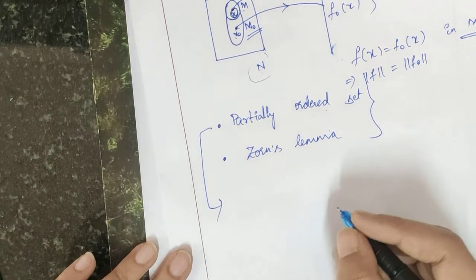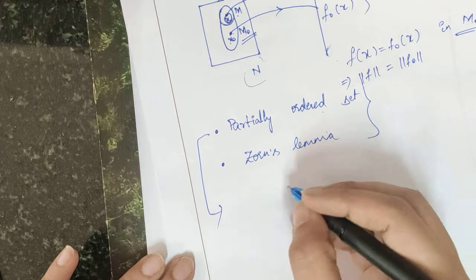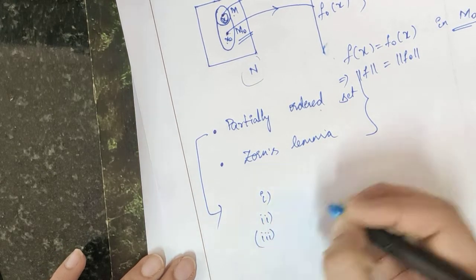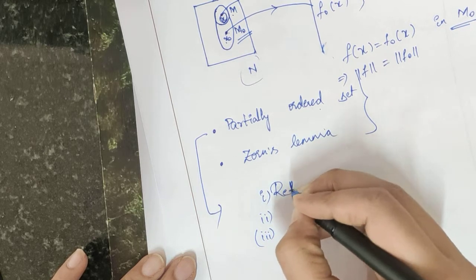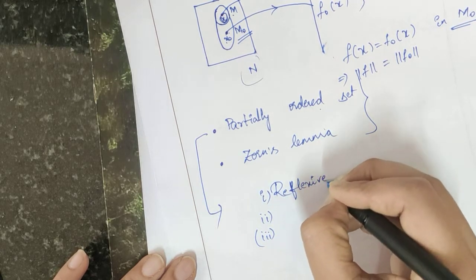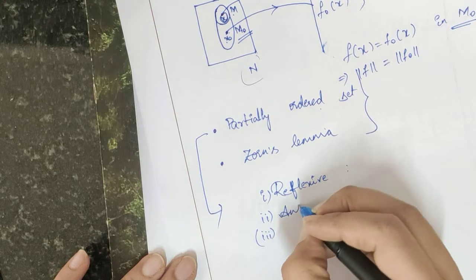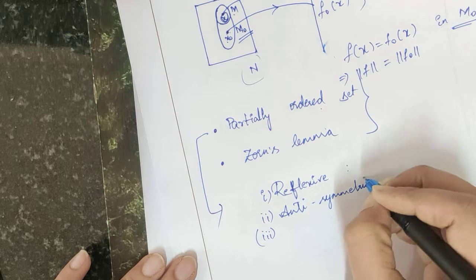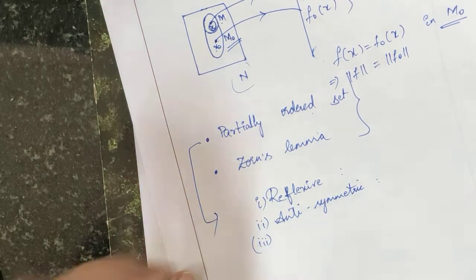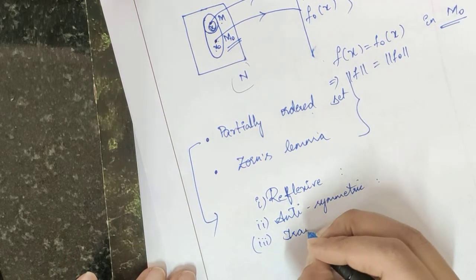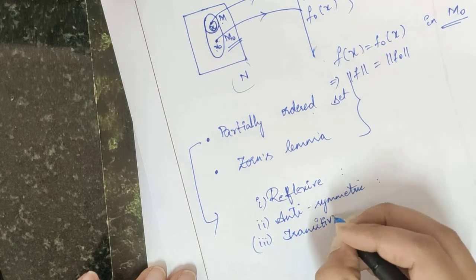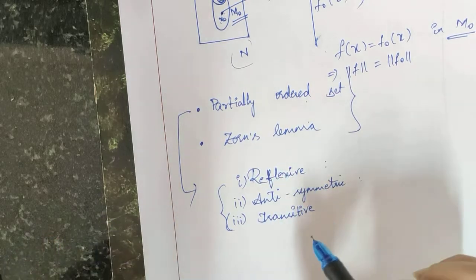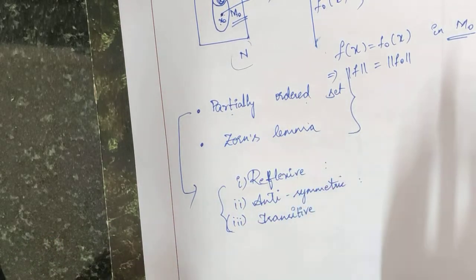You can say a set is a poset or partially ordered set if it satisfies three conditions. What are those three conditions? One is reflexive, another one is anti-symmetric, and the last one is transitive. Any set which satisfies these three conditions, you can call a partially ordered set.